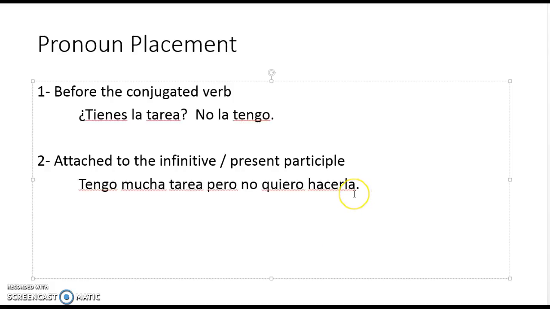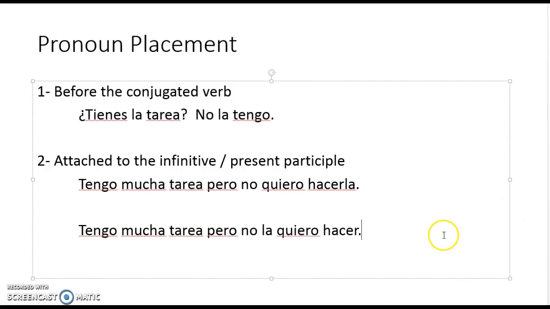This la is referring to the tarea, again, and it is attached to the infinitive. It would also be correct to rewrite this sentence, tengo mucha tarea, pero no la quiero hacer. Because remember, we can place the pronouns attached to the infinitive or immediately before the conjugated verb, which is quiero.